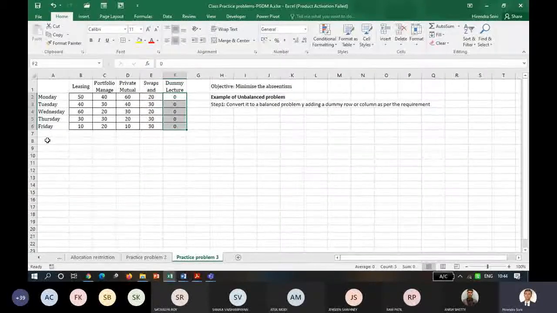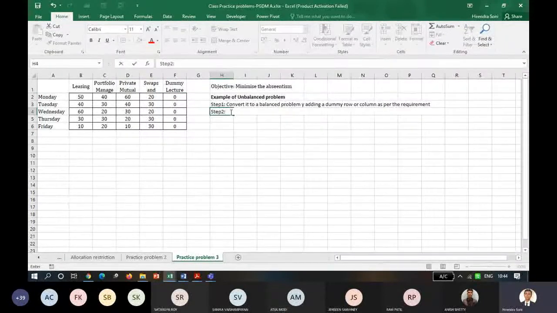Now after this, what will we do? Next thing is, since this is minimization only, we can directly go ahead with step 2, row minimization.